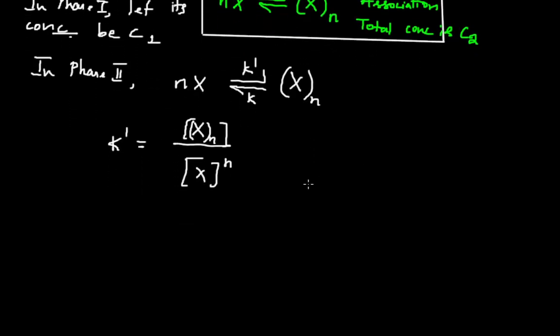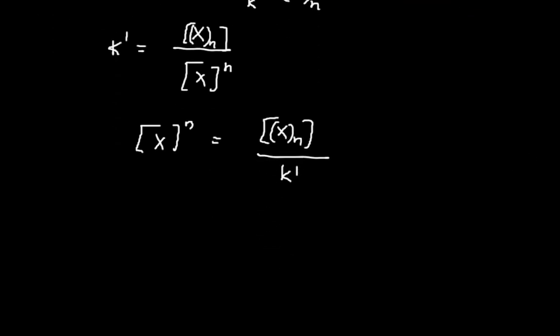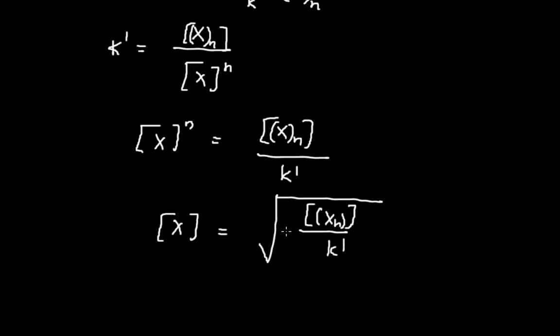If I want to find the concentration of X, it will be equal to the nth root of concentration of Xn over K dash.